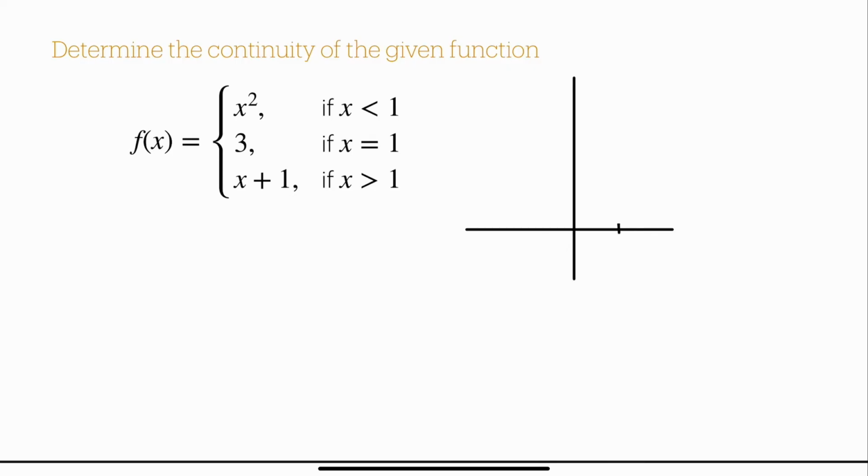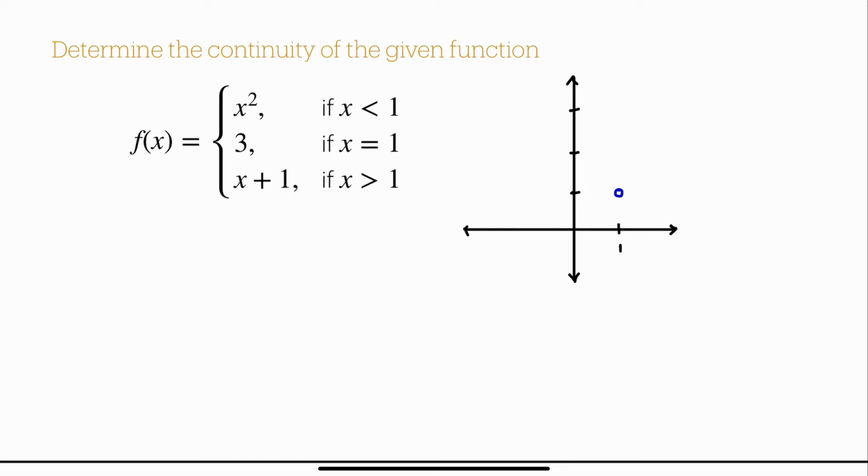So you can have an idea of how the curve looks like. So let's say this is 1 right here. So it's only equal to x squared if x is less than 1, meaning it does not include 1. Okay, so this parabola ends at x equals 1. Because if x is equal to 1 here, then y would also be equal to 1.